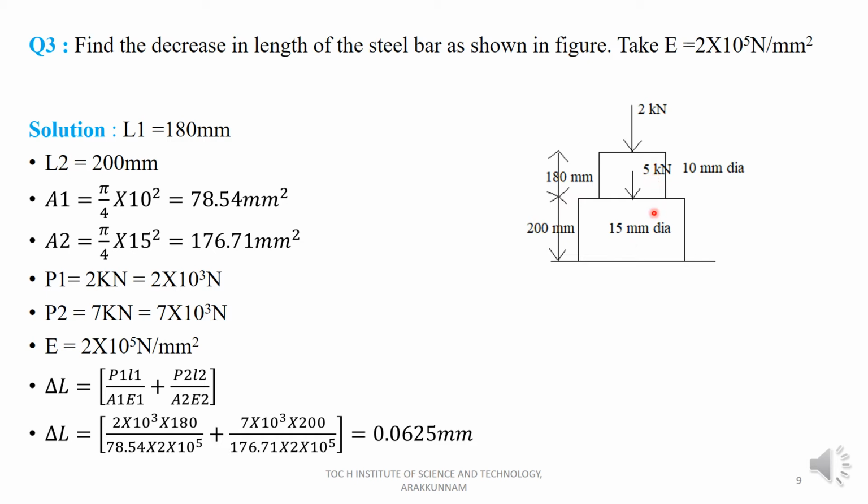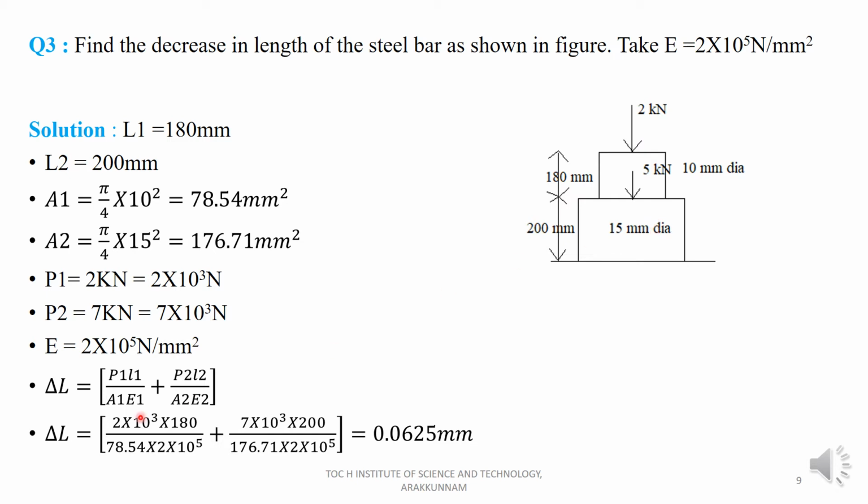It is given in the question that the length of the first section L1 is 180 mm and L2 is 200 mm, the diameter of the first section is 10 mm and the second section diameter is 15 mm, and P1 is 2 kilonewton and P2 is 2 plus 5, that is 7 kilonewton.